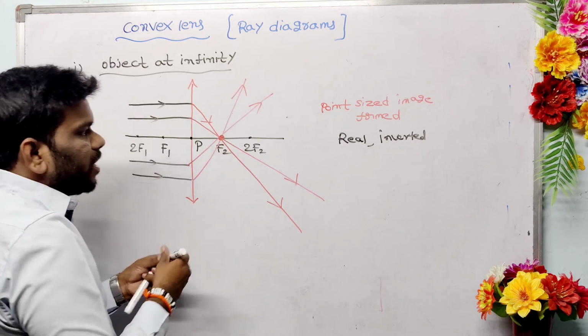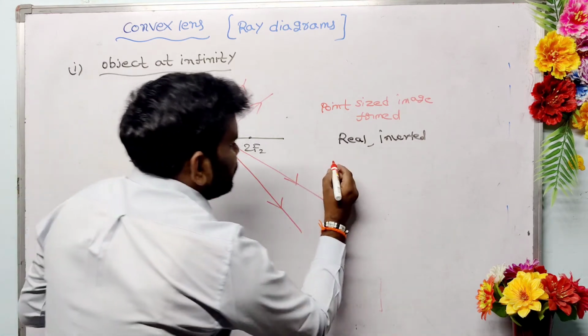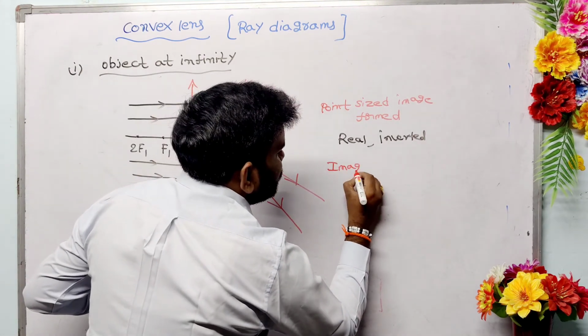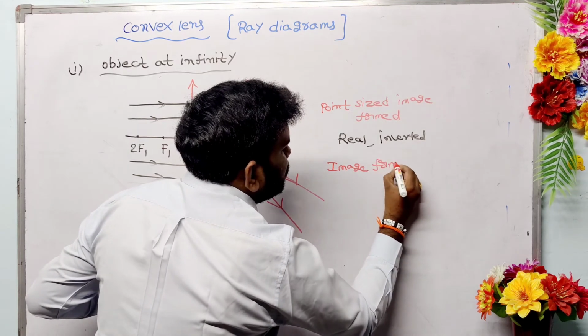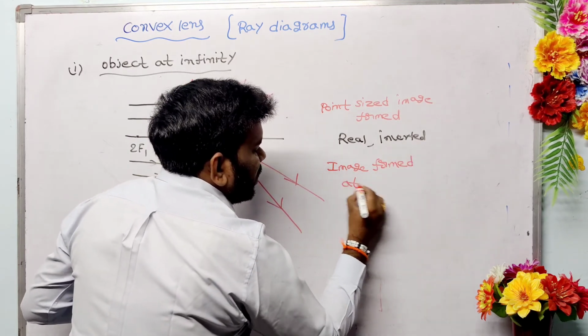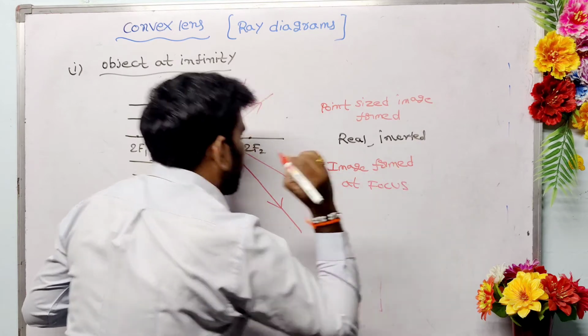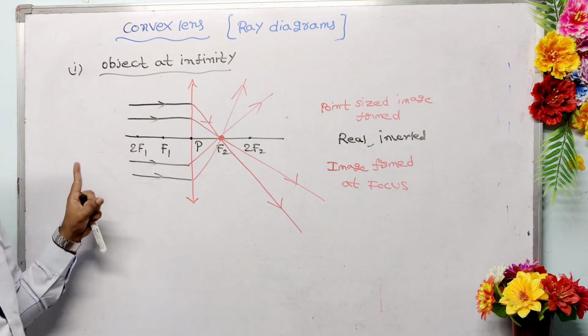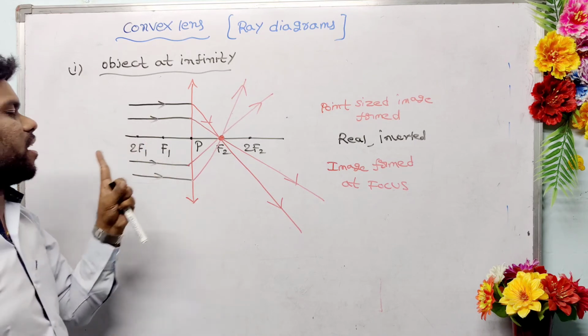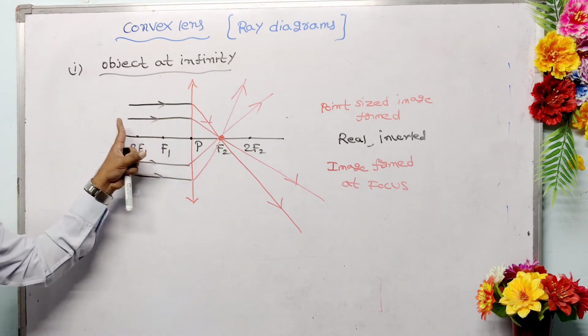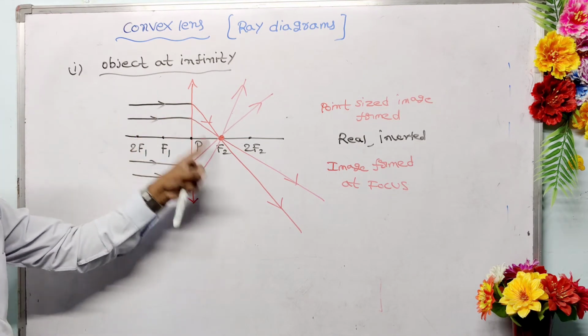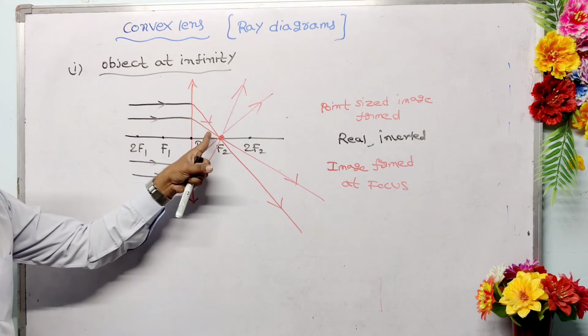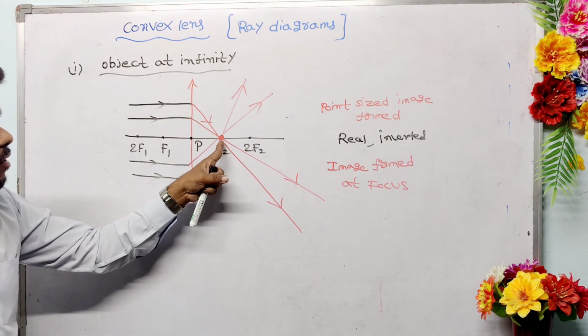Image formed at focus. Okay students, object placed at infinity, the light rays are parallel. After parallel incidence on the lens, they converge to one point.